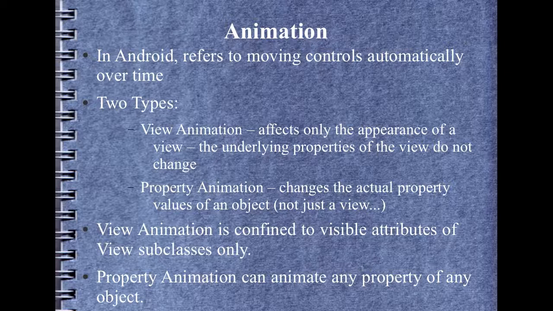View animation is only confined to the visible attributes. We can rotate a view, we can change its alpha channel, we can translate, scale, do things like that, but we can't change any other property. But property animation can, once again, animate any property of any object over any period of time that we want.